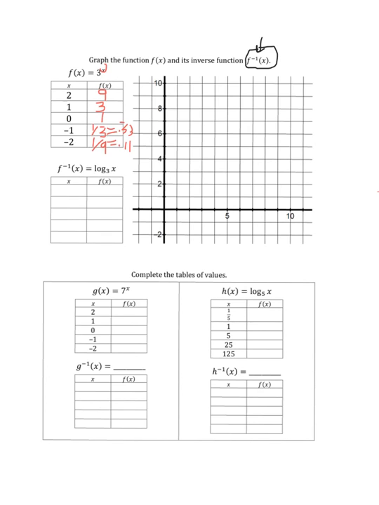Go to the right 2 and up 9, which is right here. 1, 3, go to the right 1 and up 3, which is about right here. 0, 1 is about right here. -1, 0.33. 0.33 is going to be between 0 and 1, about right there.